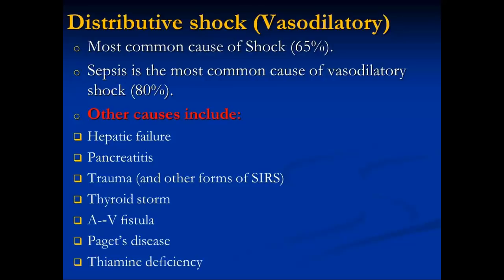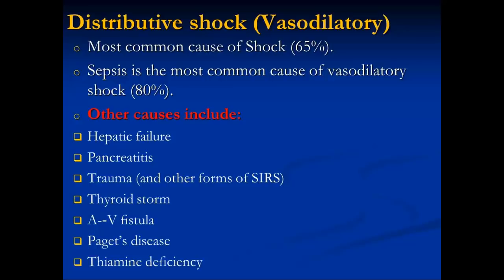The other causes, keep in mind, the liver, that was in the question, pancreatitis, source of SIRS, trauma, thyroid storm, AV fistula, Paget disease, thiamine deficiency. These are all the remaining 20%. So anytime you see a patient with high cardiac output hypotension and shock, think about these causes.